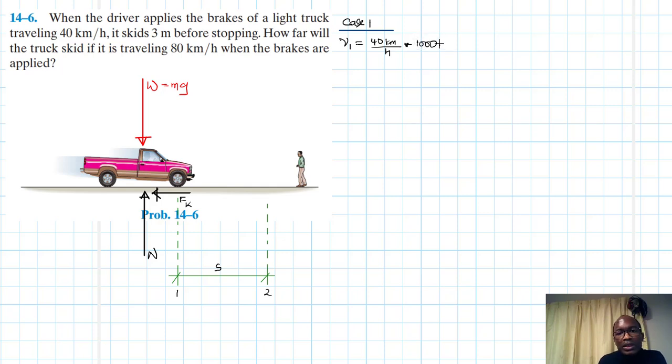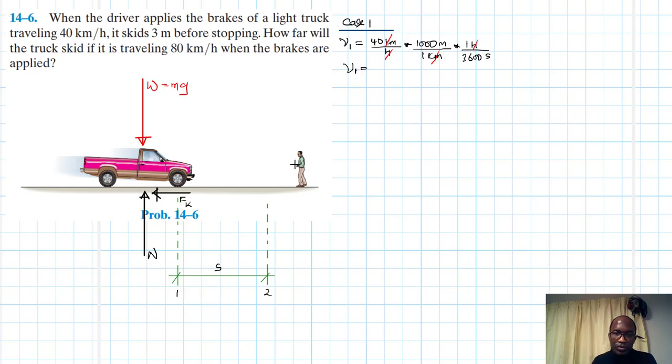Using the unit analysis method, we multiply by 1000 meters, since we want to change kilometers to meters, divided by 1 kilometer. We convert the hours to seconds. We know that 1 hour is equal to 3600 seconds. And you've seen the way we are arranging them so that what we do not want gets cancelled out.